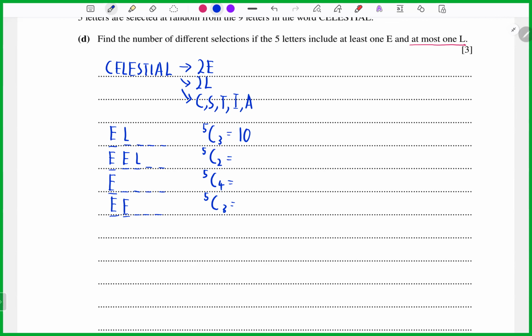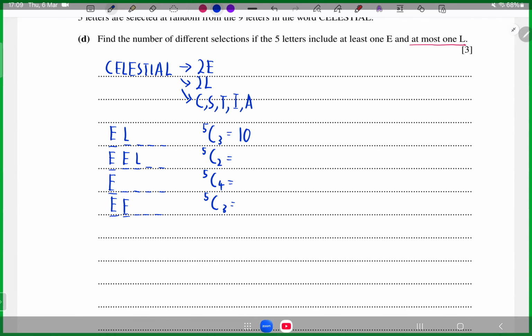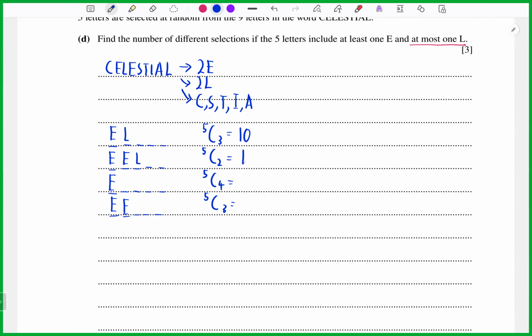Okay, 5C2 equals to also 10. 5C4 equals to 5. 5C3 equals to 10. Okay, so you can find out the total here. Total equals to 10 plus 10 plus 5 plus 10 equals to 35.